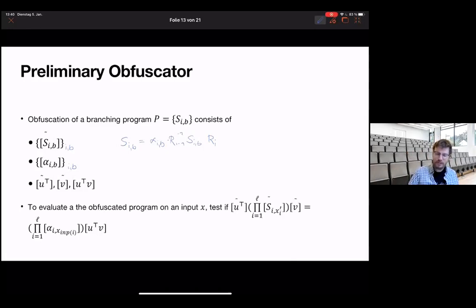So how can I evaluate such a preliminarily obfuscated program?